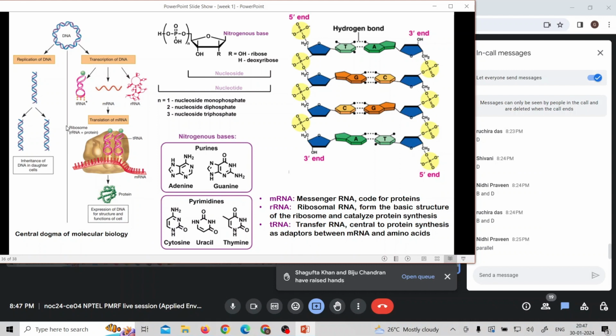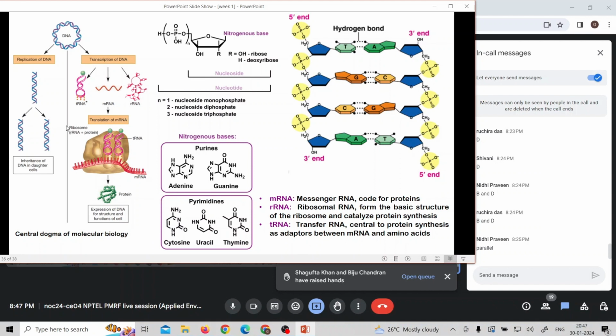Okay. The answer for this question is A. So here you can see facilitated diffusion. This curve basically tells about the rate of transport plotted over concentration gradient. We all know the transport process usually needs a concentration gradient to move, right? Concentration gradient is the difference in concentration between two sides, so that where the concentration is more, from that side the molecule will move to the other side where the concentration is less.